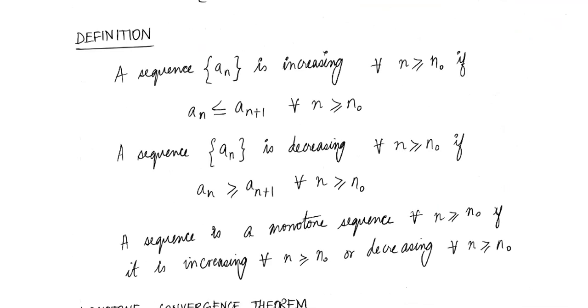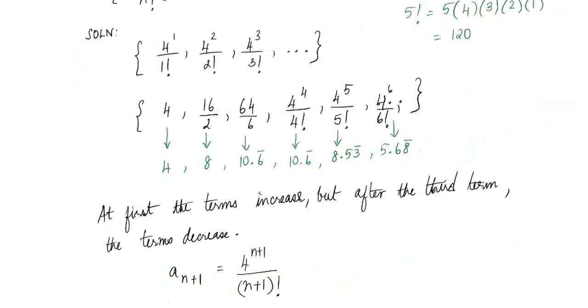So if it is decreasing, I'm trying to show that an is greater than or equal to an plus 1. In other words, an plus 1 is less than or equal to an. And for that, I have to show it happening after the third term, when n is greater than or equal to 3. Therefore, that's the reason why I begin to write in the general form.